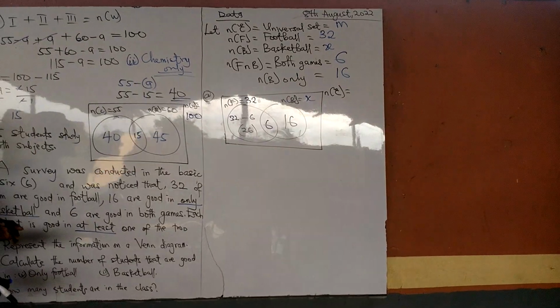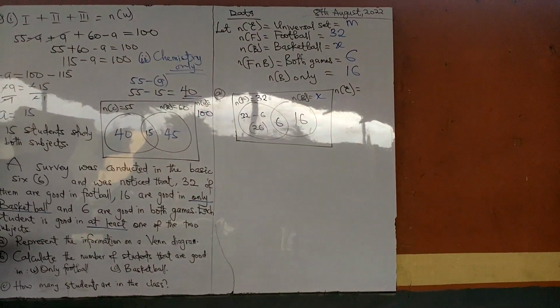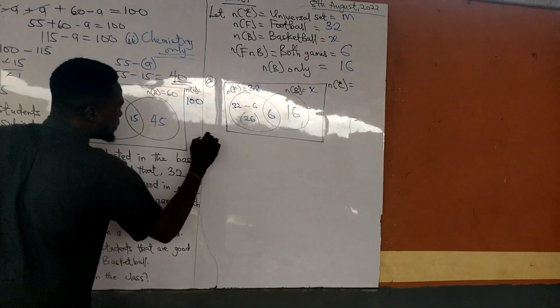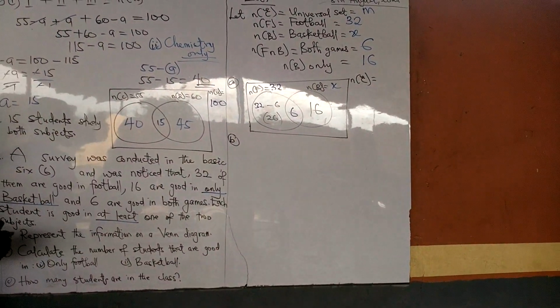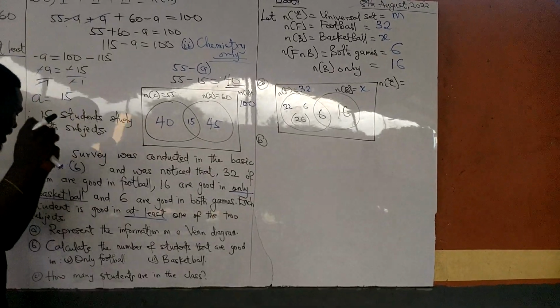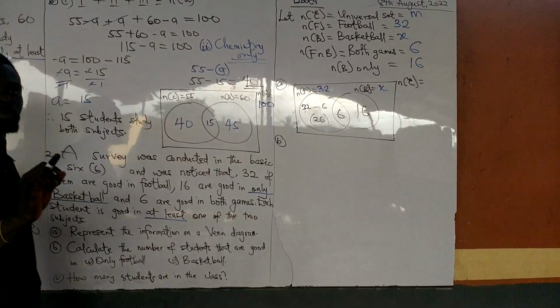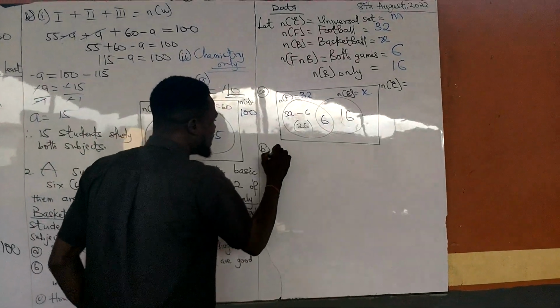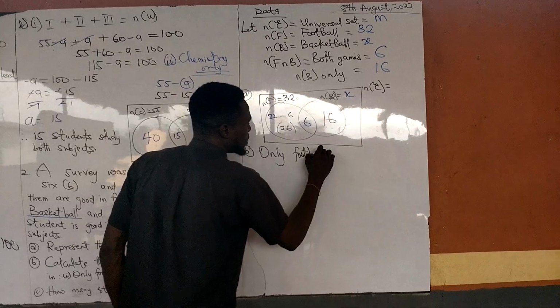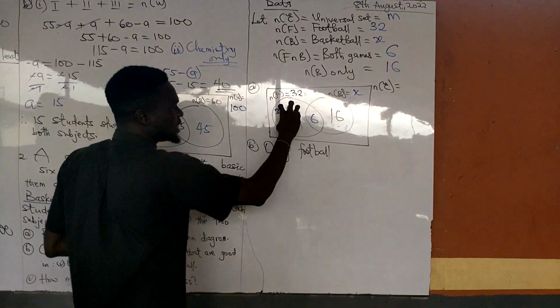So we've illustrated the information on a Venn diagram. The first question says, which is the B, so this is A. Now we have here as B. Calculate the number of students that are good in only football. So only football, that is region I. Only football, this region.